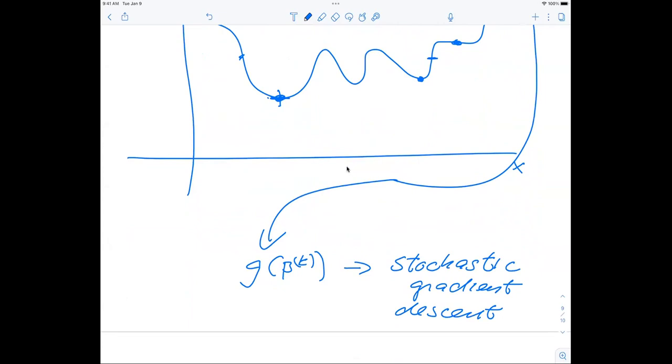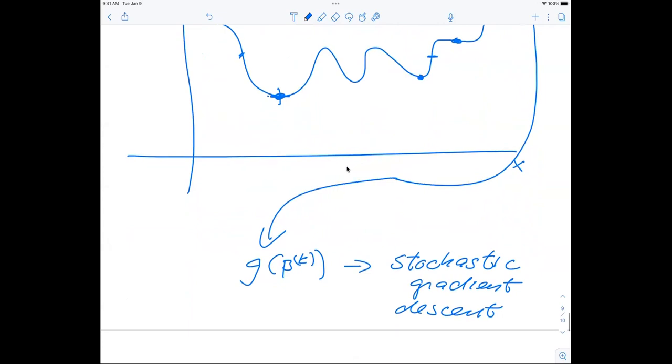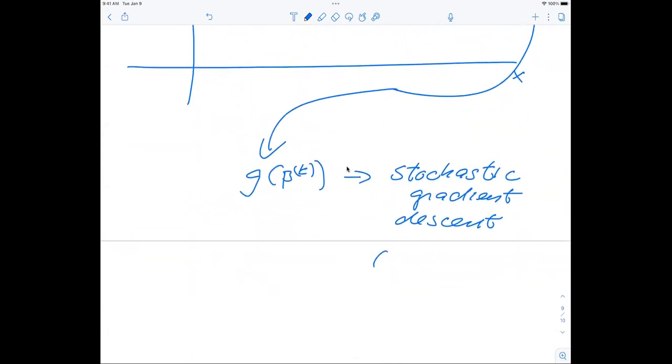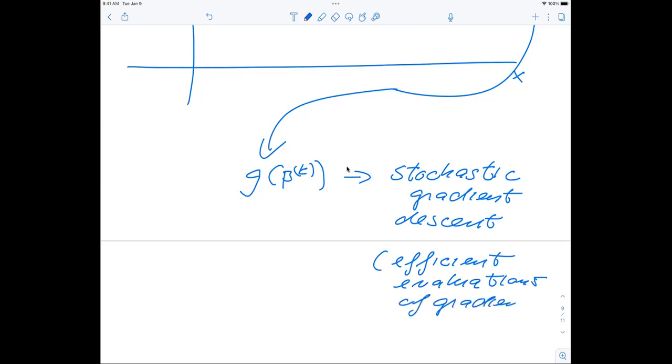Or we can also use plain gradient descent. So, just keep a main keyword here: efficient evaluations of the gradient. Just keep that as an overarching keyword for what is coming now.